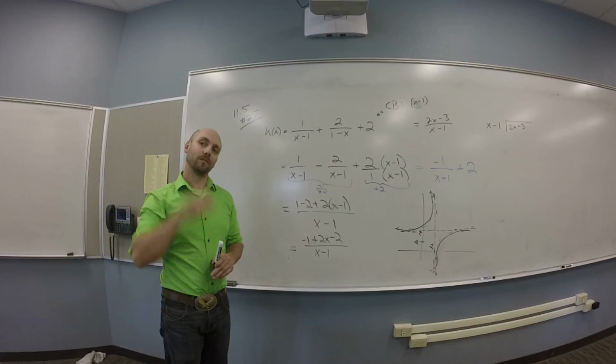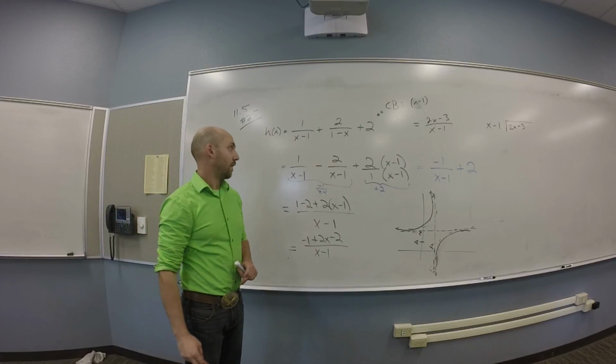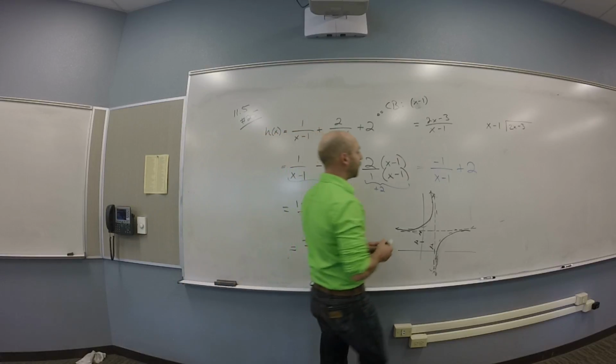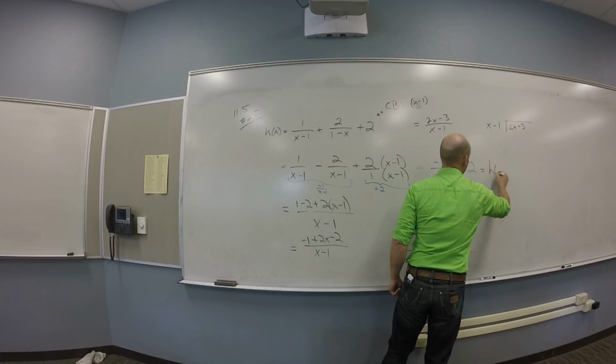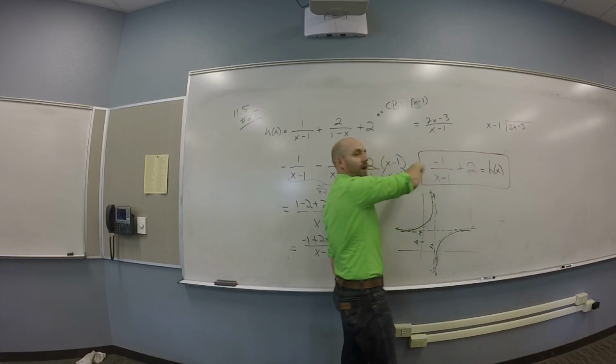Which one would be the right answer then? Is it not the one that we did? No, so the right formula is this one. So there are several parts to this problem. This is the right formula.